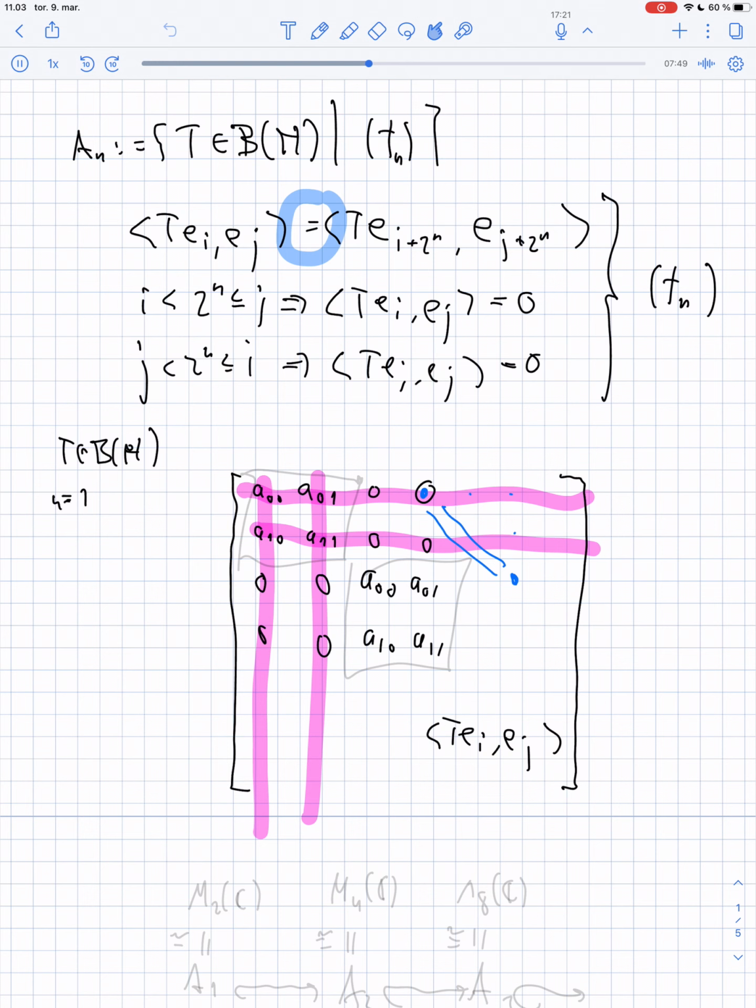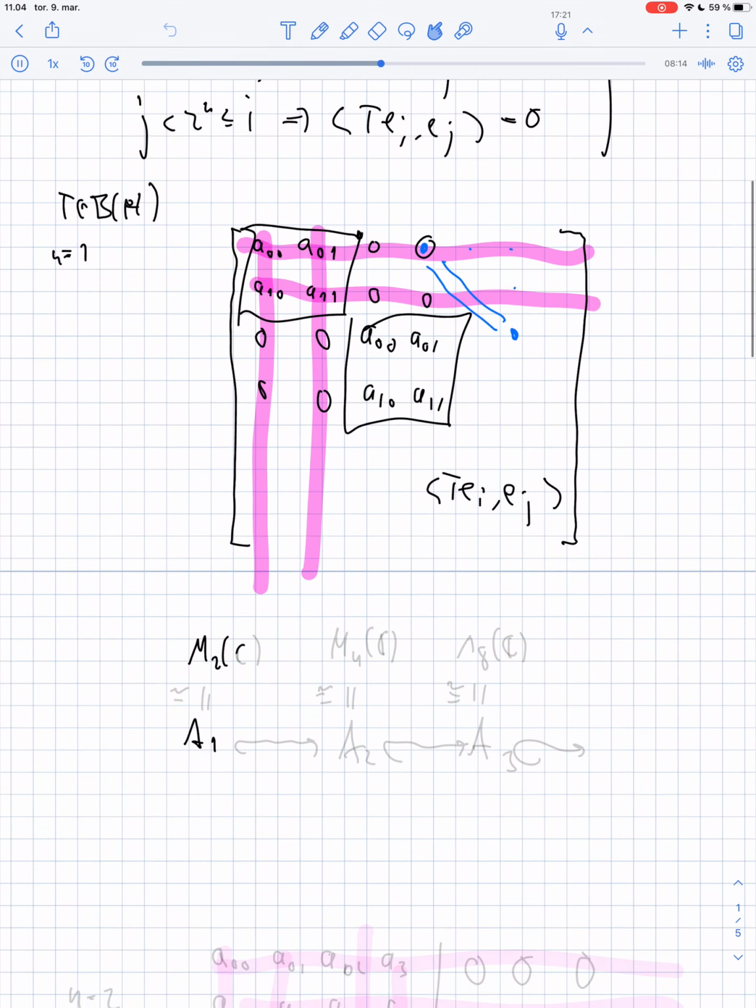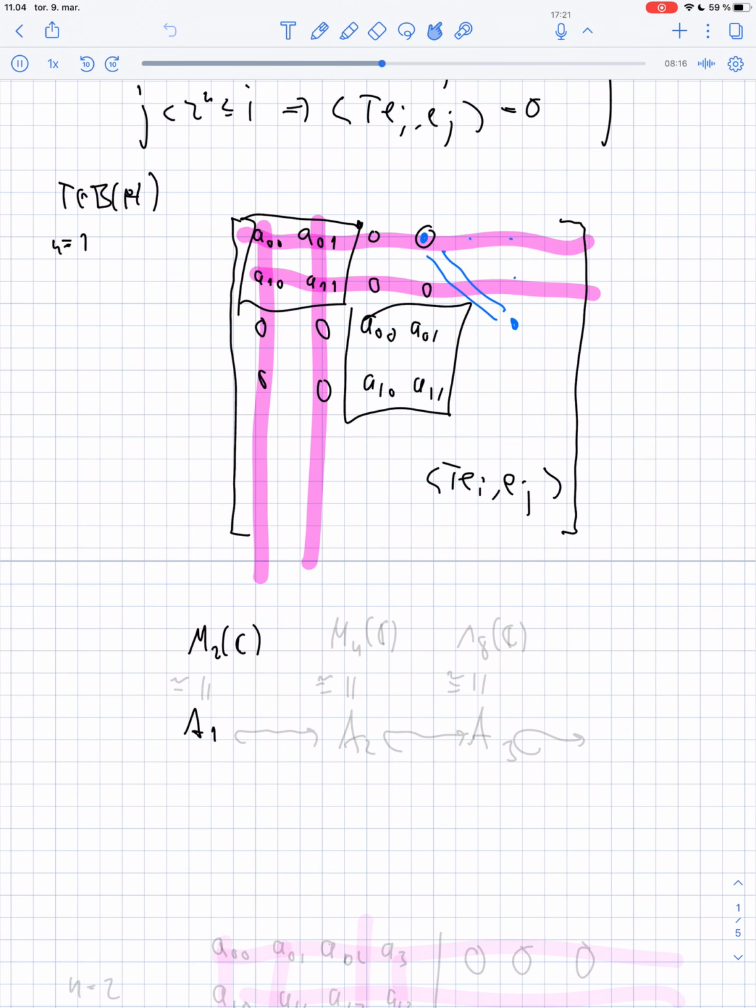So this matrix has a lot of zeros. That's what dagger 1 means. And the only thing that is going on is that you have a 2 by 2 matrix, which is repeated down the diagonal. So the way you should think about this is that A1, and this can be formalized if you want, is isometrically isomorphic to the 2 by 2 matrices over C.